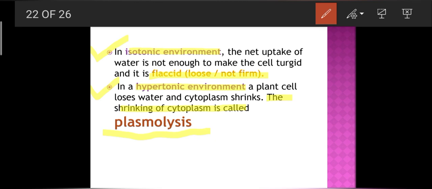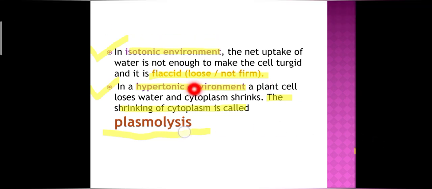So plasmolysis is a process which occurs when a plant cell is placed in a hypertonic environment, where it loses water and its cytoplasm shrinks.